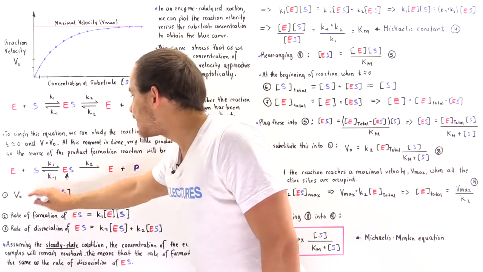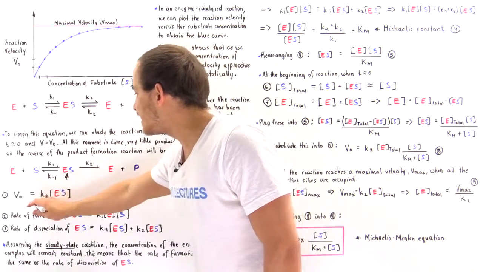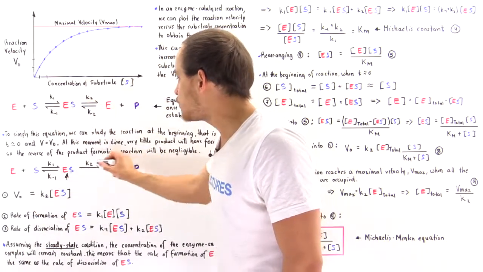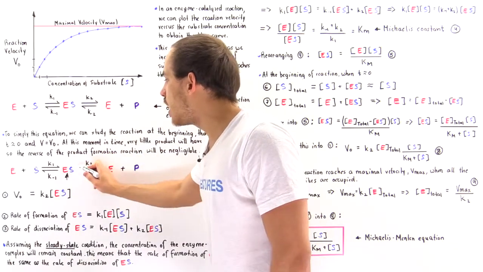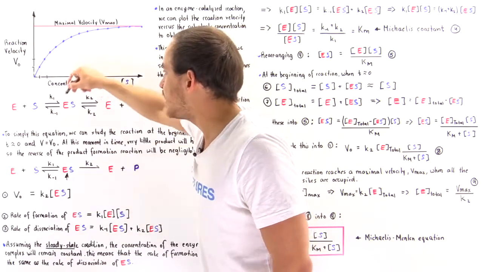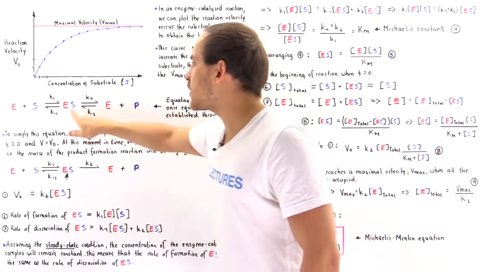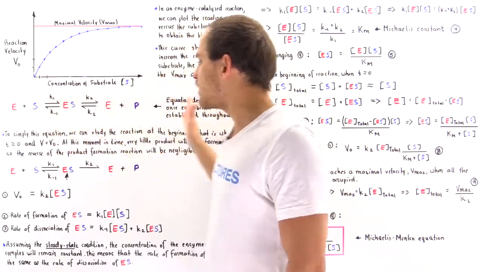V naught, the rate at which the substrate is transformed in the active site, is equal to the product of the rate constant K2 of this reaction multiplied by the concentration of this molecule, the complex, this intermediate molecule.